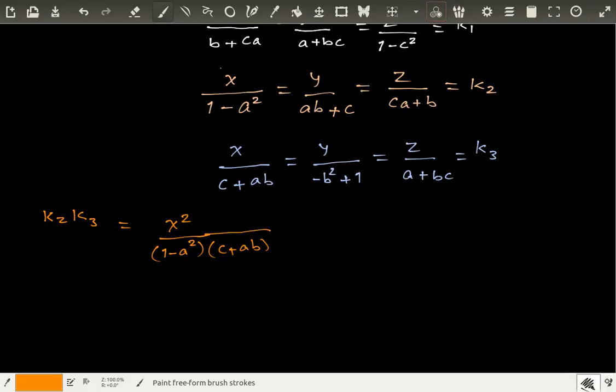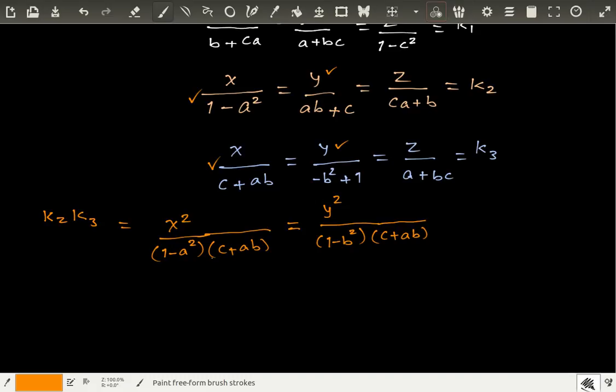How did I get this? I just multiplied this term and this term. But this is also equal to y square over 1 minus b square into c plus ab, because we can multiply these two terms also to get k2 k3.